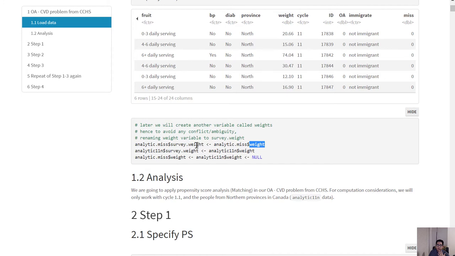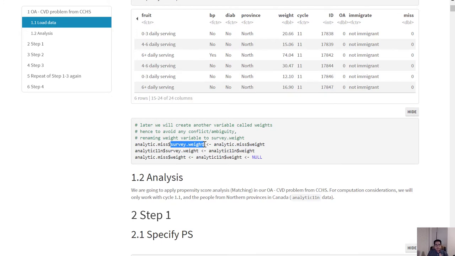If you have a weight variable that means your body weight, maybe change that to a body weight variable. If you have a survey weight, maybe change that to a survey weight variable, so that we do not later forget which variables we are using, whether that is some other weight variable or this particular survey weight variable.